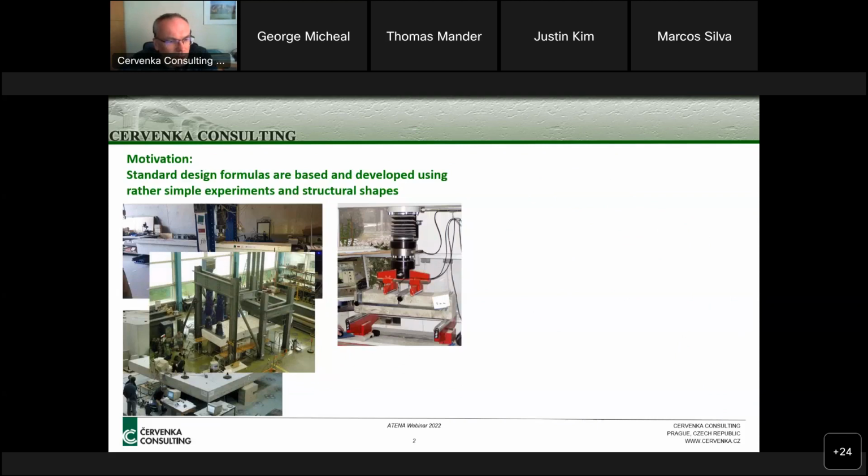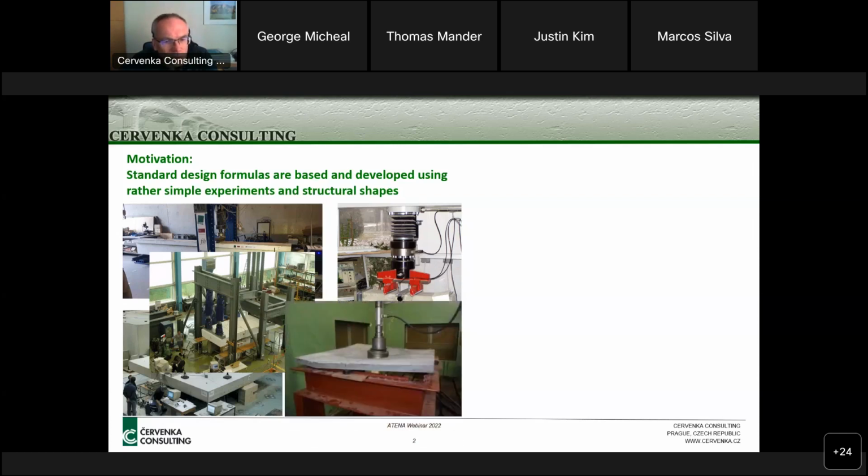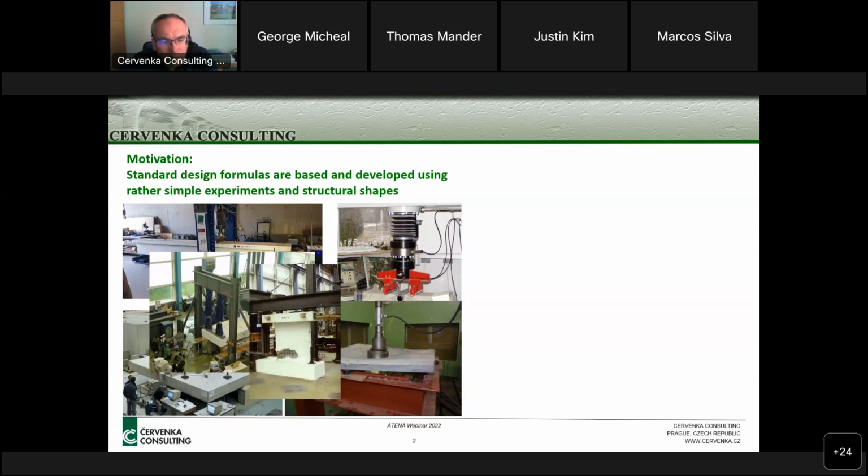These are typical laboratory experiments that were used in the past, and continuously, to develop rules and formulas, which are often empirical, to understand the behavior of our structures and evaluate the strength of the material. So this is done by these laboratory experiments.